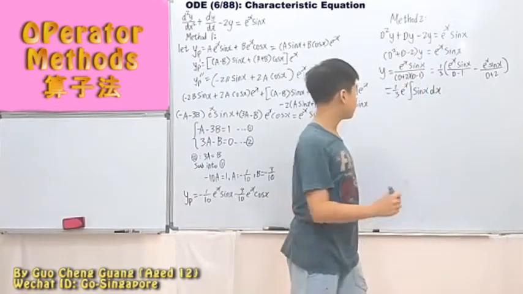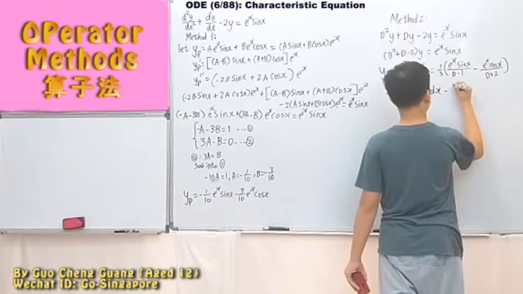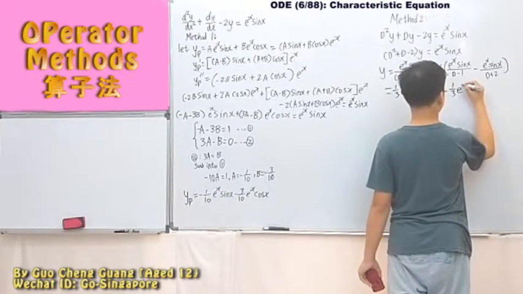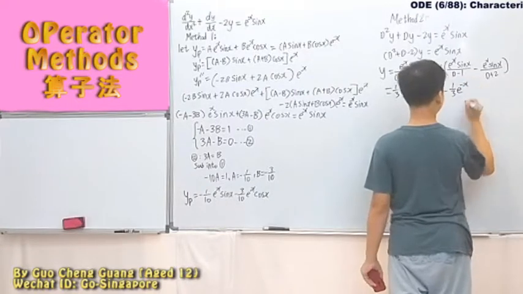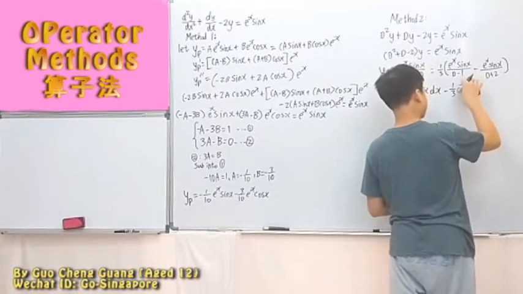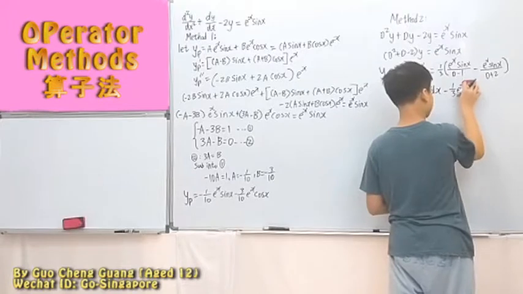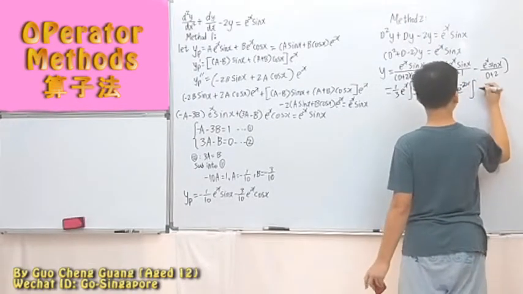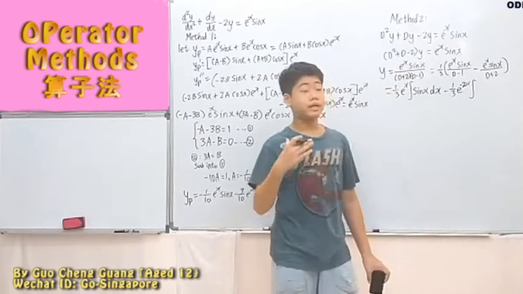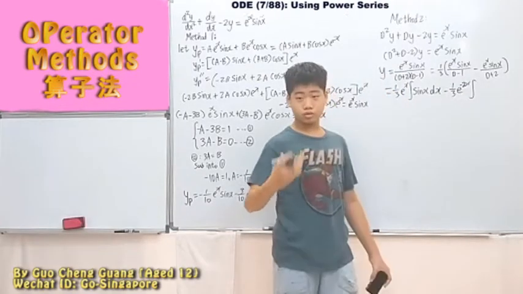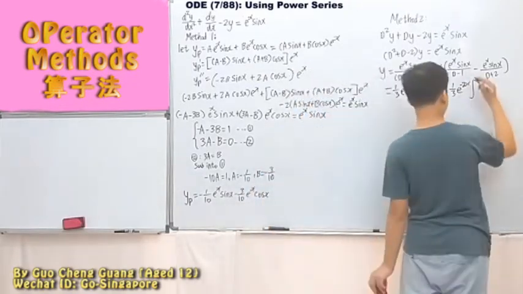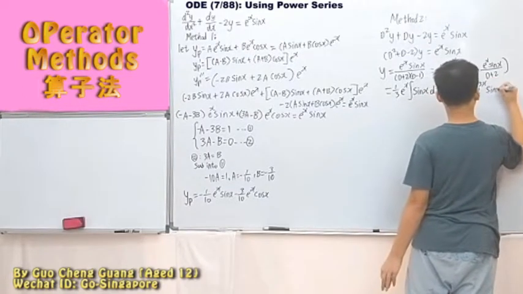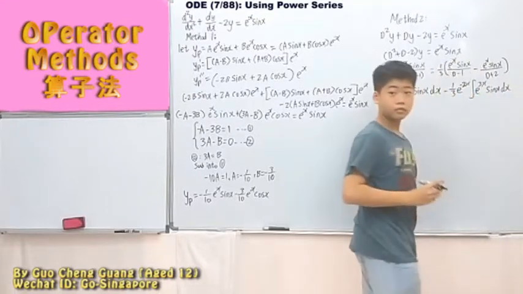Then here is dx. Then for the next part, 1 over 3, so this part it is e to the power of negative 2x. Then inside, at first it is already e to the power of 2x. Then you have one more, so you get e to the power of 3x. Like this.